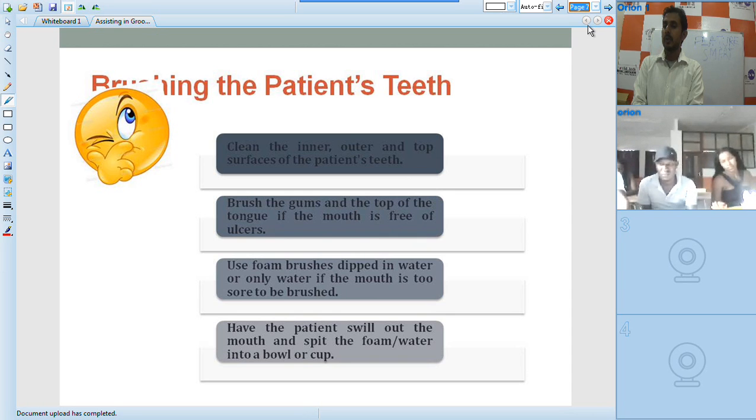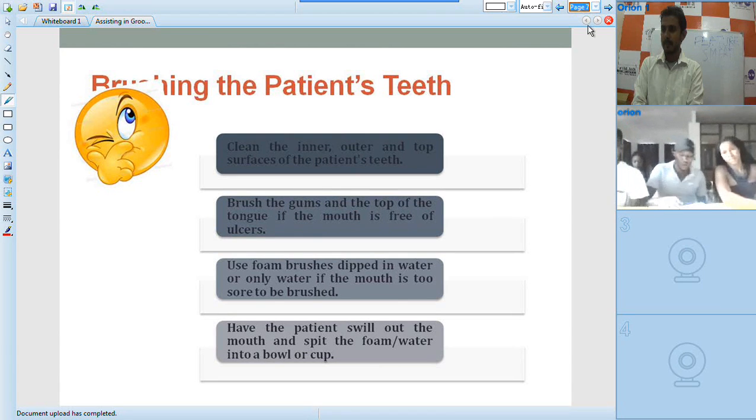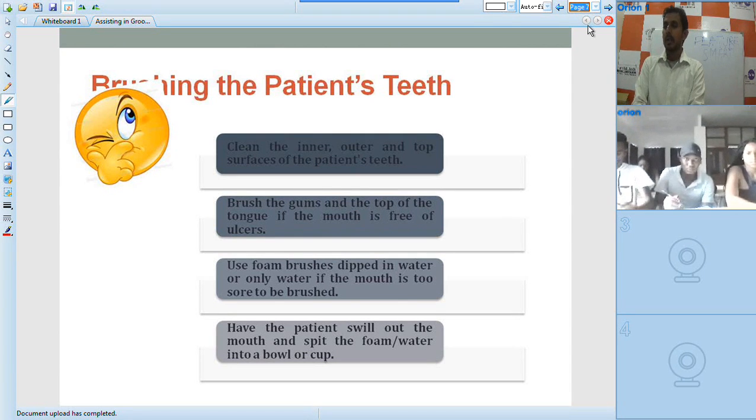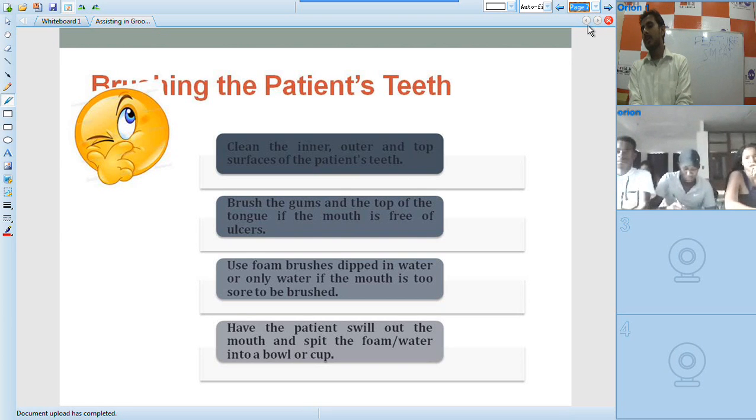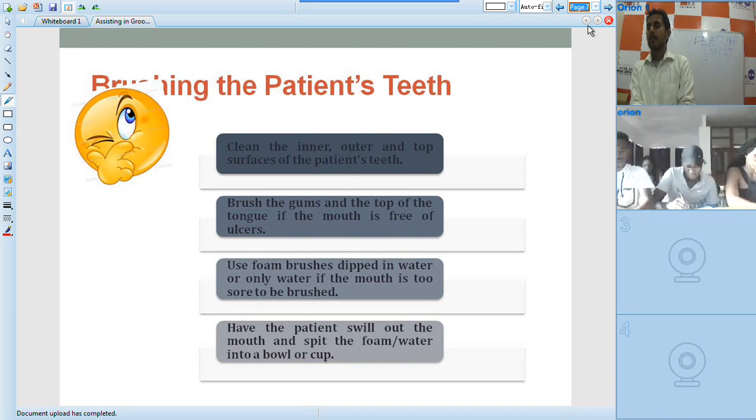You need to use the foam so the softness and the cleanness of the mouth are maintained.